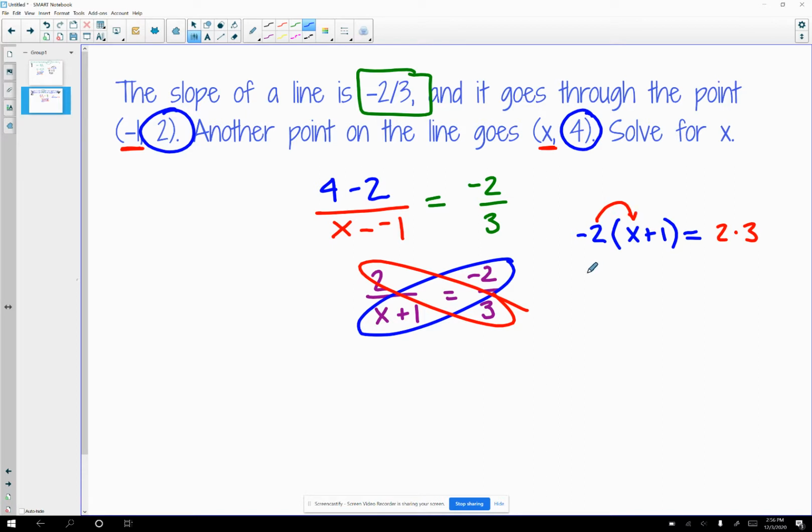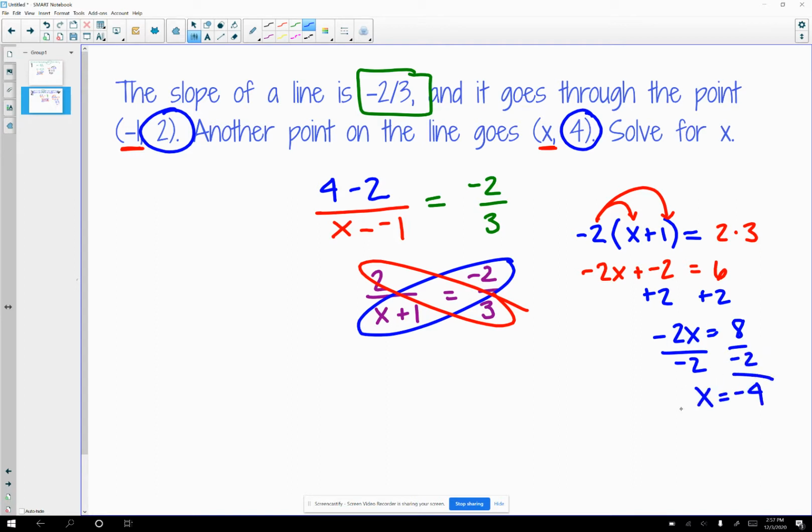So -2 times x, so -2x, -2 times 1, I'm going to say plus -2 equals 2 times 3 is 6. Undoing my order of operations, I'm going to add 2 to both sides. Got -2x equals 8. And my last step, divide by -2 on both sides, so x equals -4.